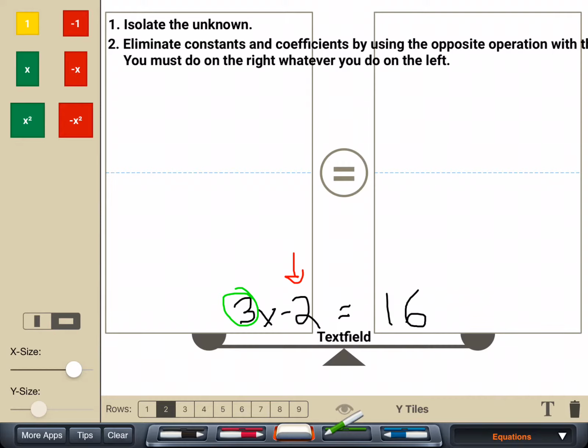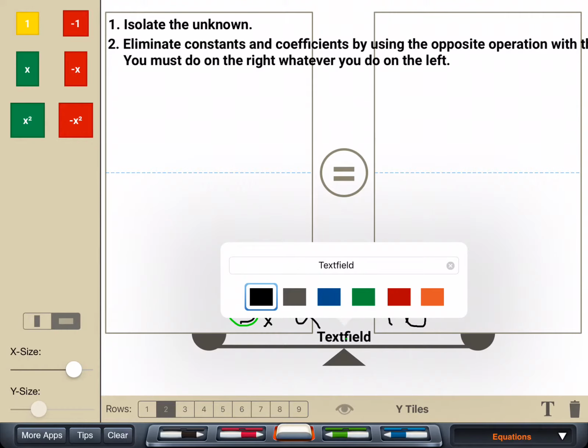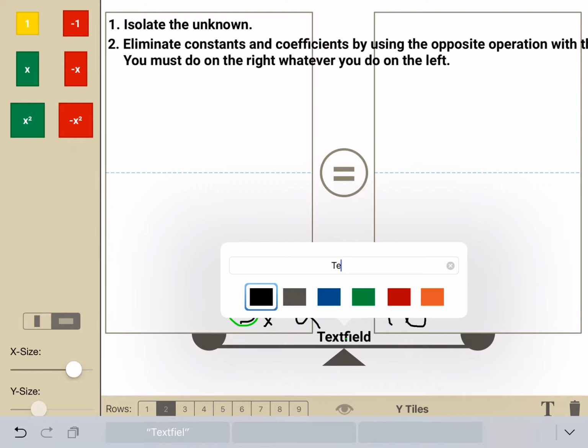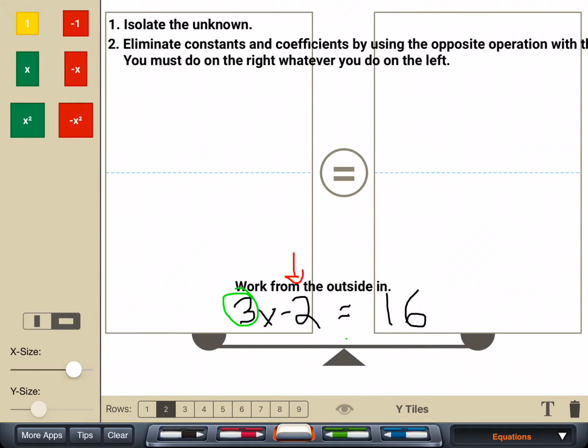Right? And the last thing I should write down, just because I said it in the last video, and we need to see it again, is work from the outside in. What does that mean? If we're choosing which of these we are going to eliminate first, we eventually want to get to the variable.